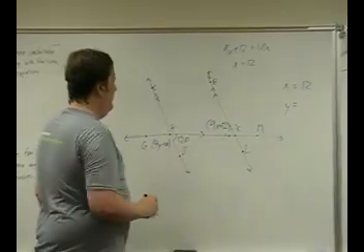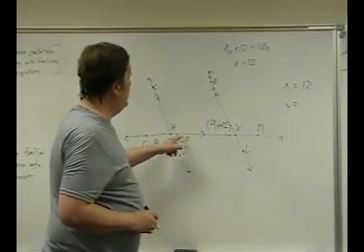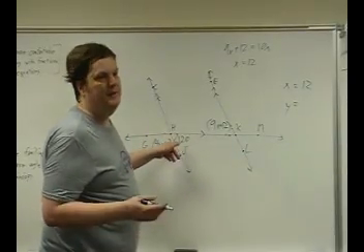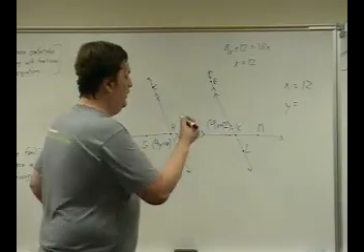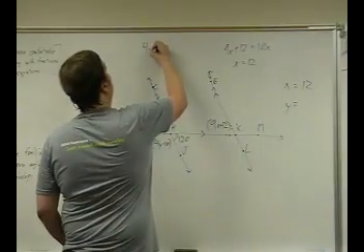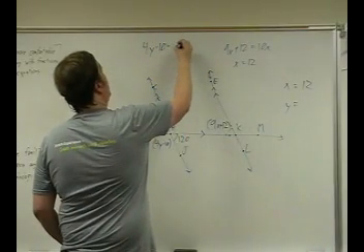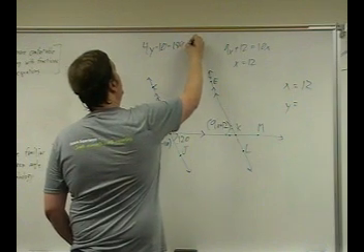So now I know this angle is 120, let's just say it's 120. But this means that I now have 4y minus 10 equals 180 minus 120.